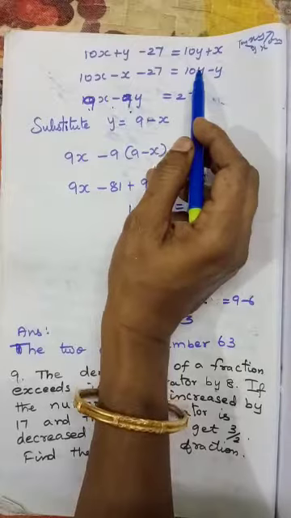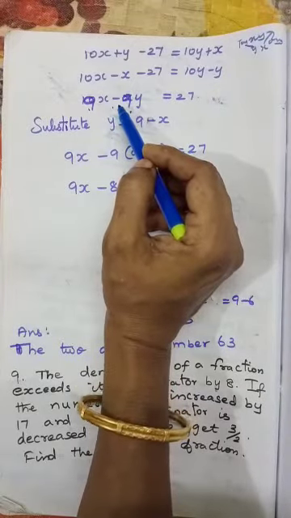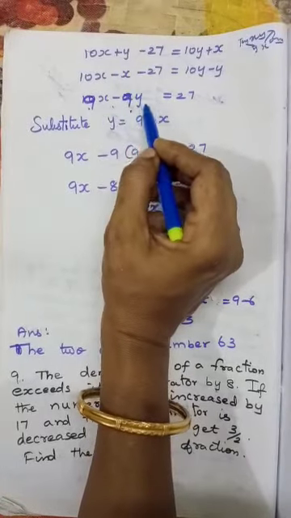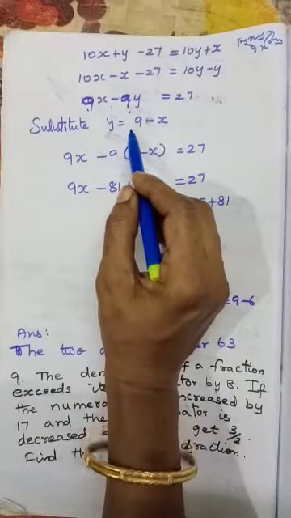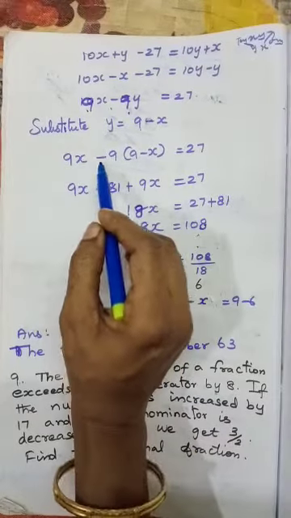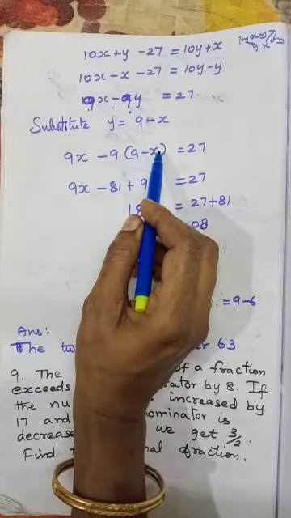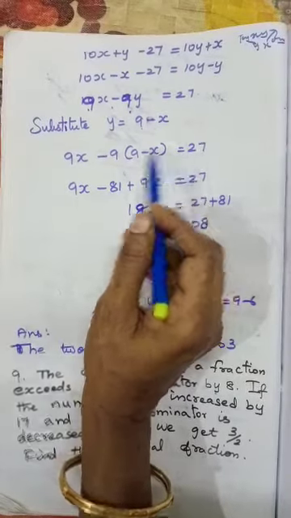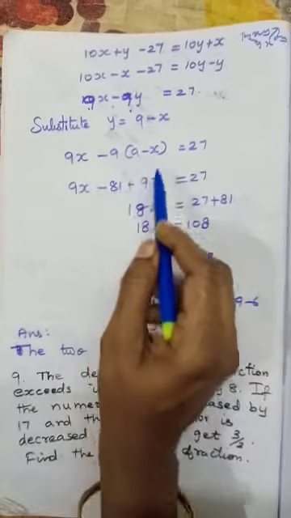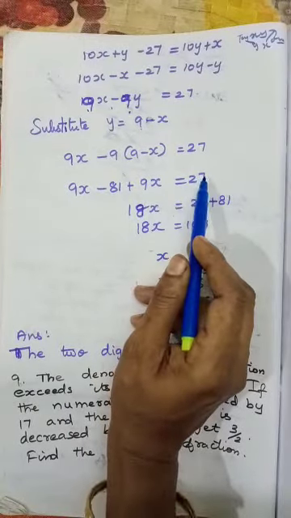Bring this 9y to this side, it becomes positive, is equal to 27. Now substitute y is equal to 9 minus x. So 9x minus 9 into 9 minus x is equal to 27. Now 9x minus 9 nines are 81 plus 9x is equal to 27.